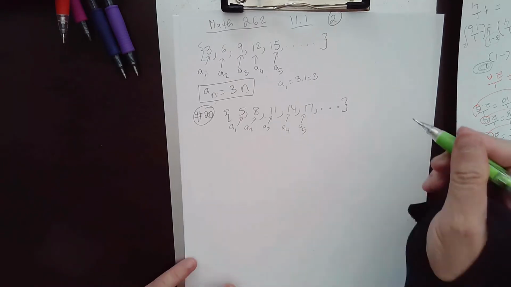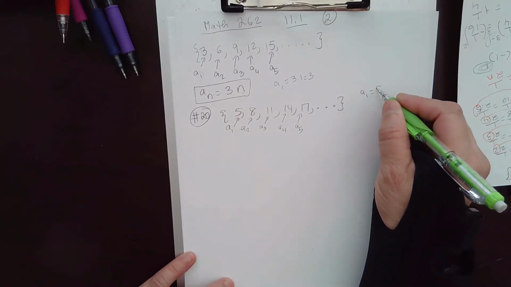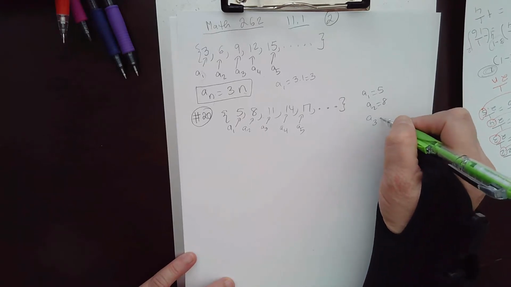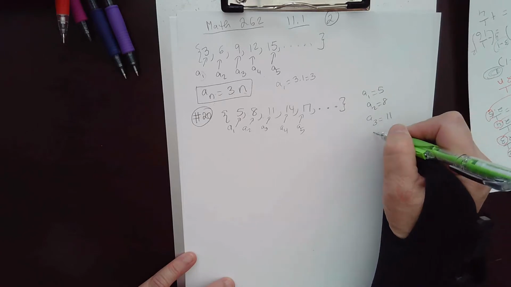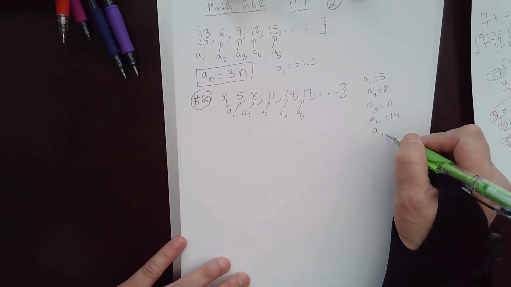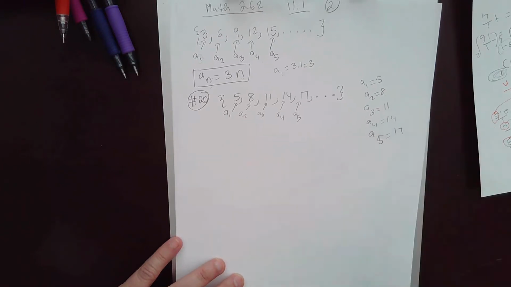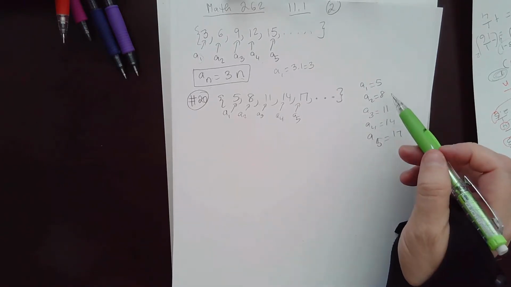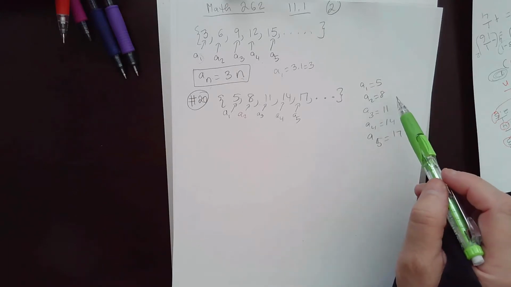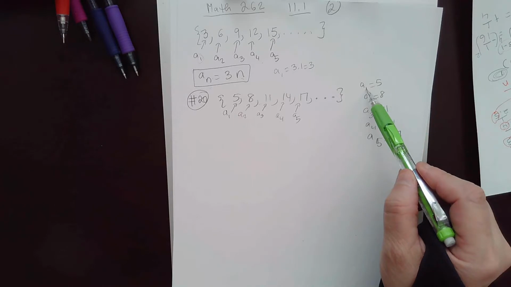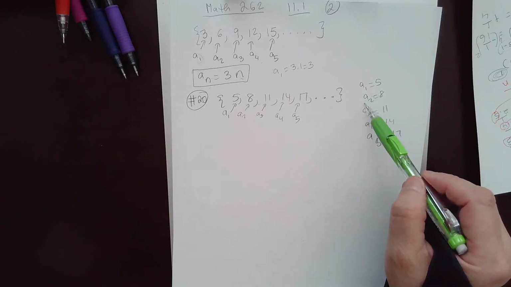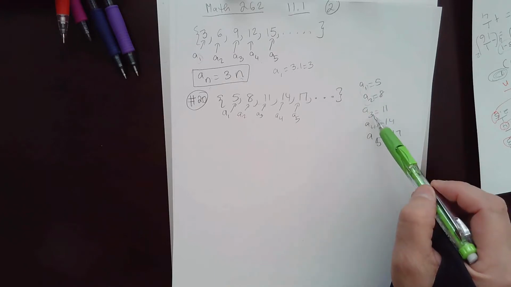So let's see. A1 is 5, A2 is 8, A3 is 11, A4 is 14, A5 is 17. So they are increasing. So if there's going to be any addition or subtraction, it has to be an addition. We're going to have to try to relate it to the term itself.